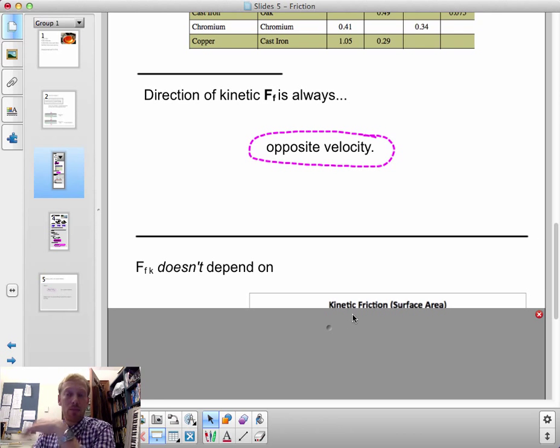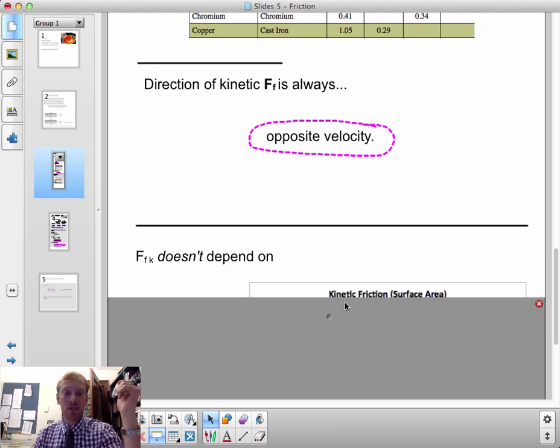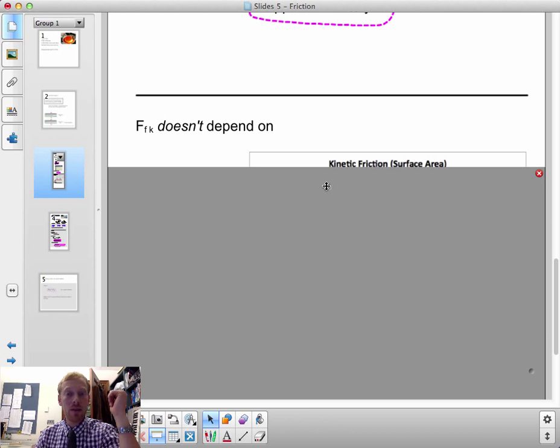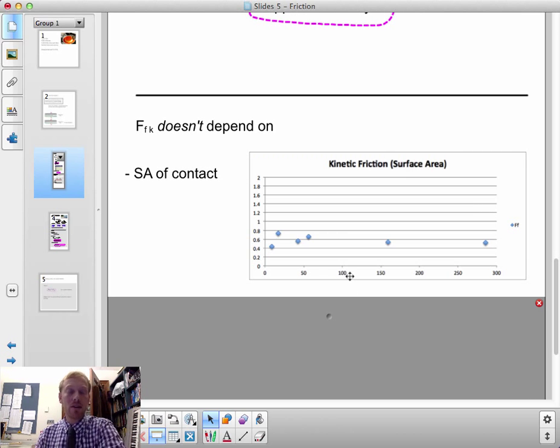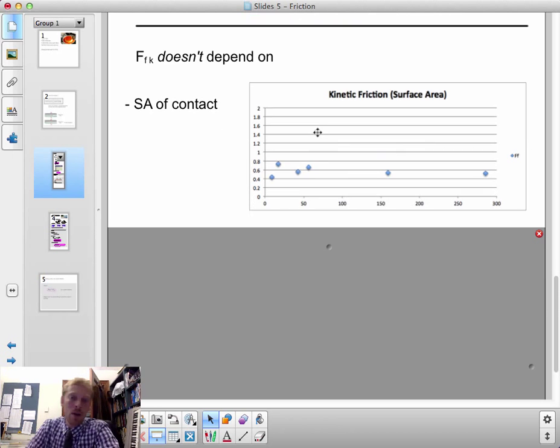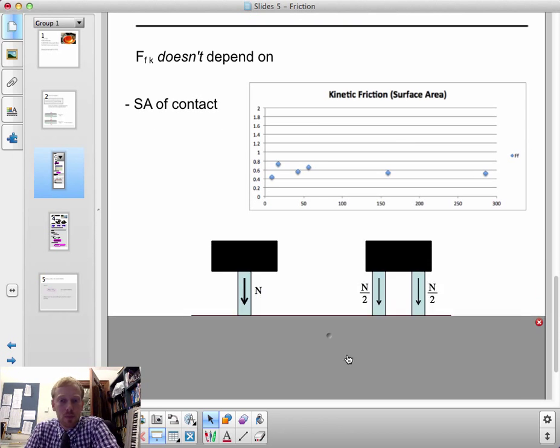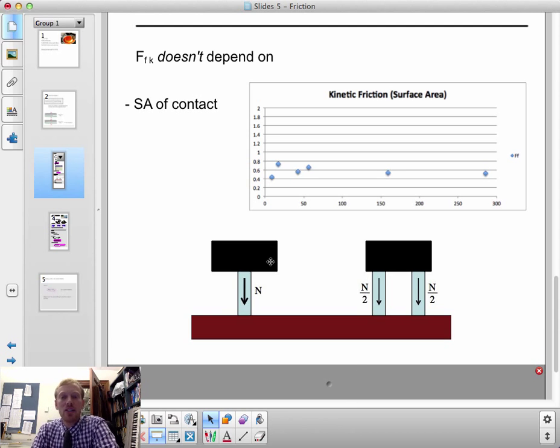Here are some things that, perhaps surprisingly, the force of kinetic friction does not depend on. It does not depend on the amount of surface area of contact between two surfaces. Why is that? Well, you might imagine that if there's a larger surface of contact, there would be more friction force because there's more contacting.